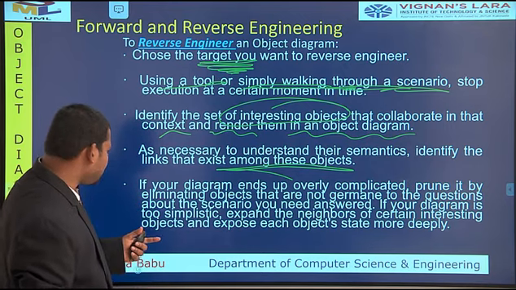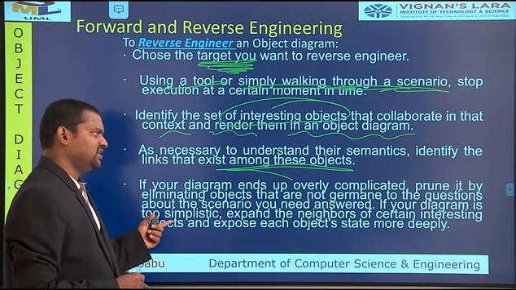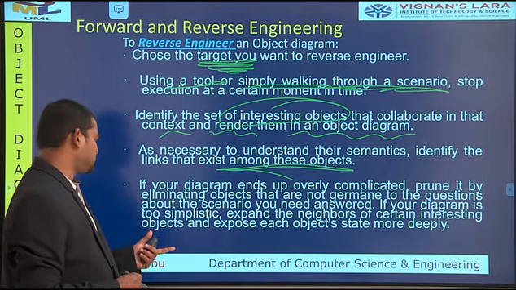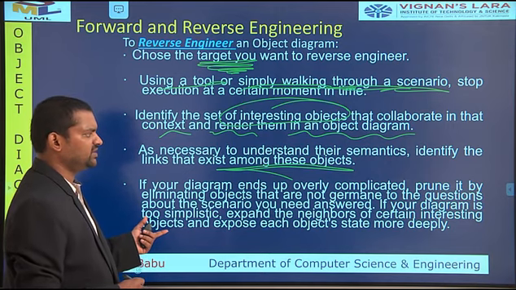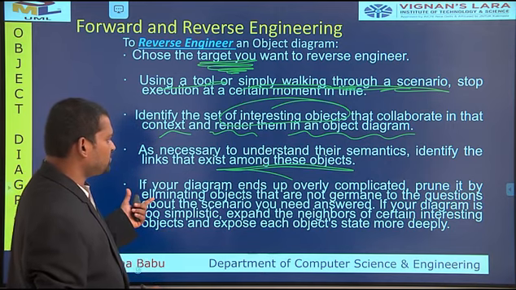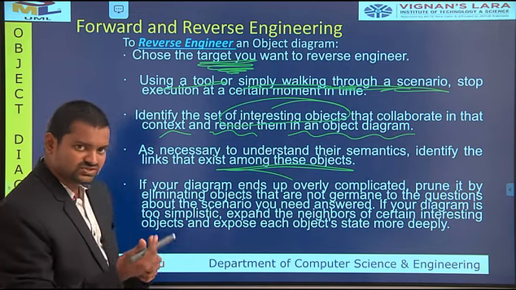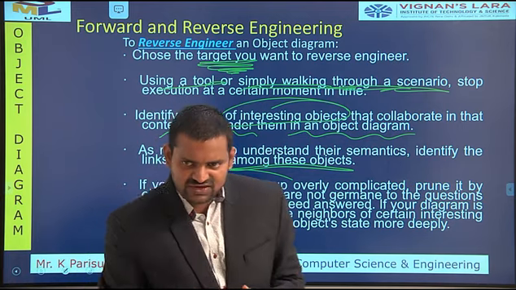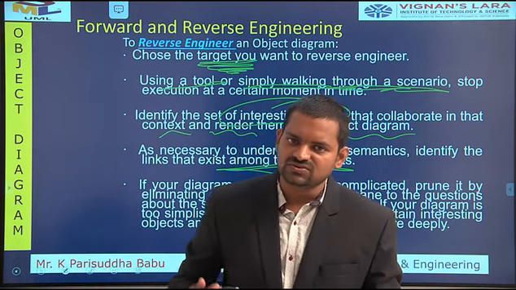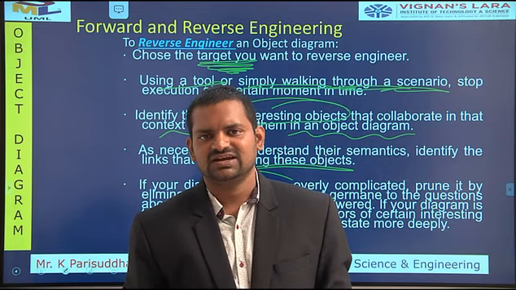If your diagram is too simplistic, expand the neighbors of certain interesting objects and expose each object's state more deeply. If your diagram ends up overcomplicated, at that time you have to simplify the objects, and at the time of simplification you try to improve the objects for designing the system.